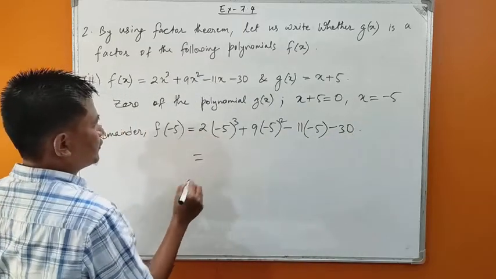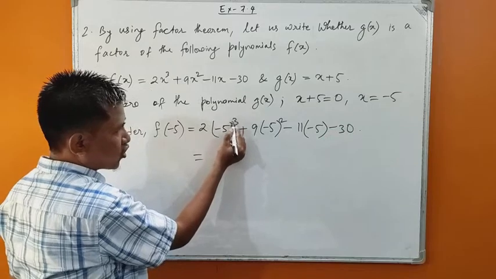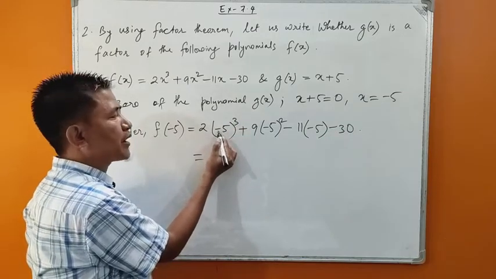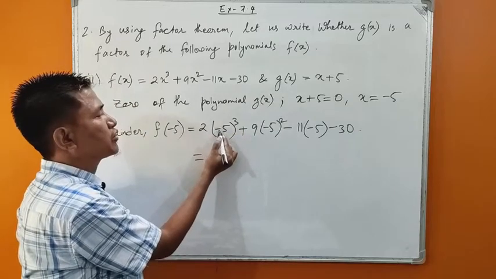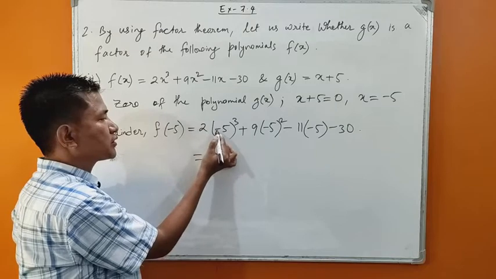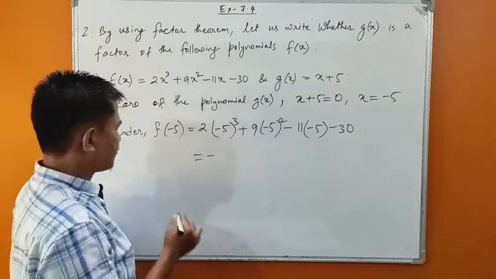So here since the power is odd number, 3 is an odd number, this minus will remain minus. This minus into this plus, there is no sign means plus, isn't it? Minus into plus is minus. 5 cube is 125.